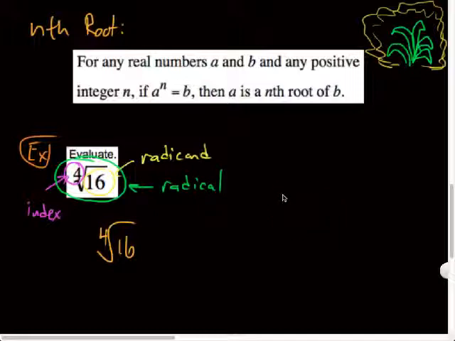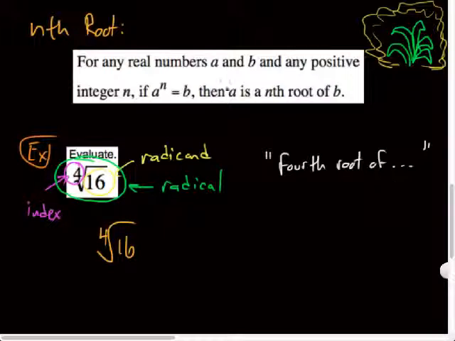You wouldn't call it 4 square roots of 16, or 4 roots of 16. It's the 4th root of 16. So you could have a 10th root, a googolth root, a millionth root, all sorts of stuff like that.